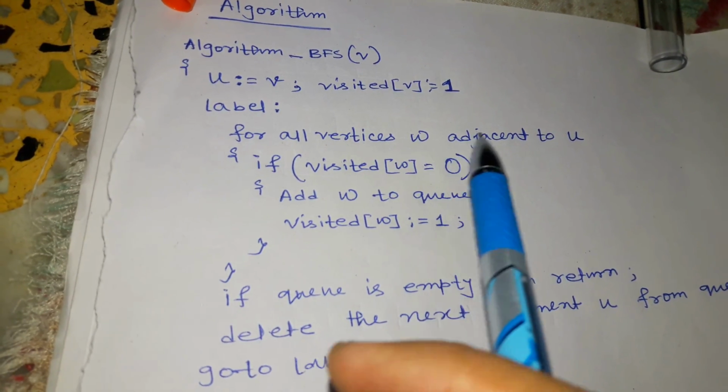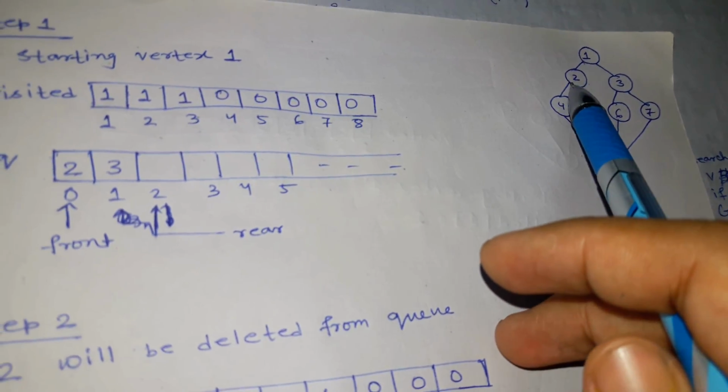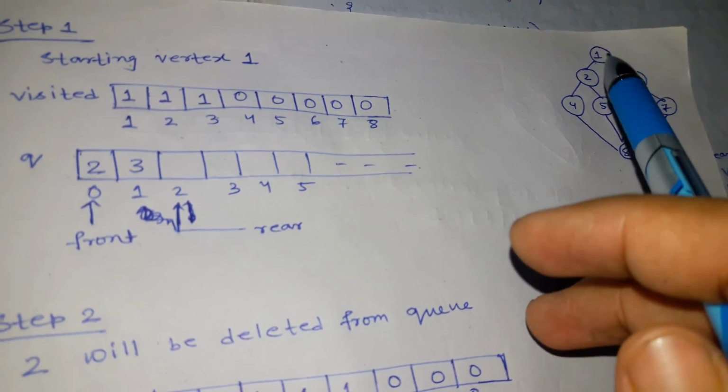For all vertices W adjacent to U, here U is at first 1, so the adjacent vertices W are 2 and 3 correspondingly.